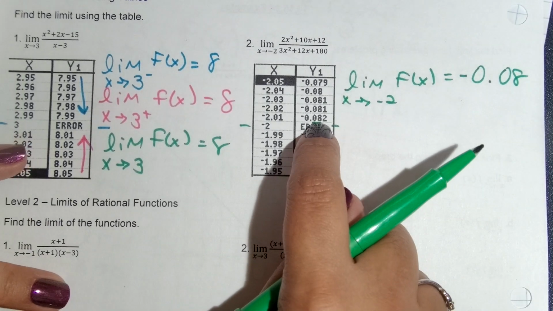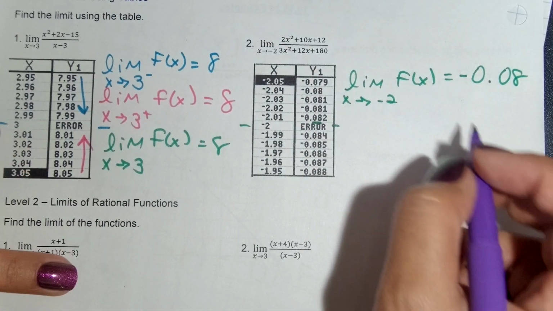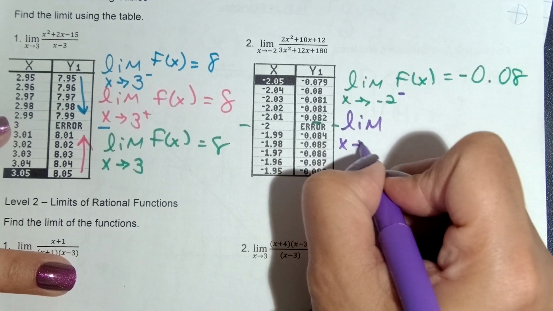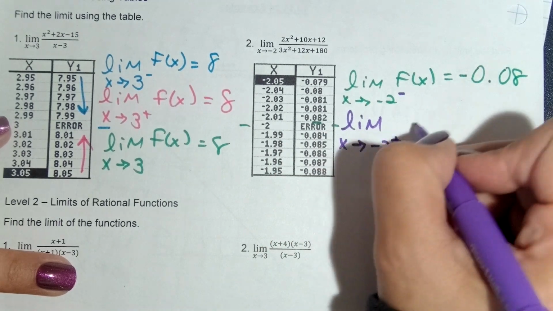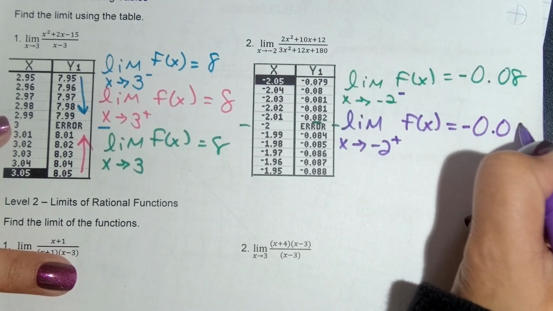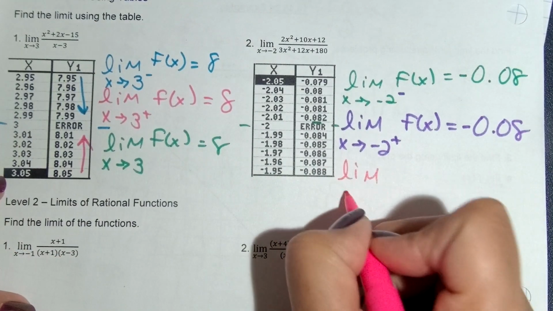Don't change the number, okay? Don't assume that it's going to 0.5 or 0.05. Oops, that should be from the left. What about from the right? What is that? -0.08. Which means that what? They're the same.